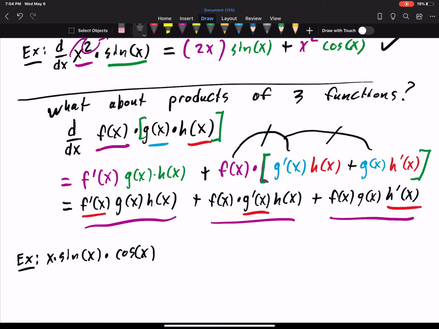All right, so how do we derive this? I should put a little d/dx in front of this. Sorry about that. We're going to derive this. So using the formula that we have above, the idea is derive the first, which is this little x that's here. So that's just 1. Leave the other two alone. So you have sine times cosine.